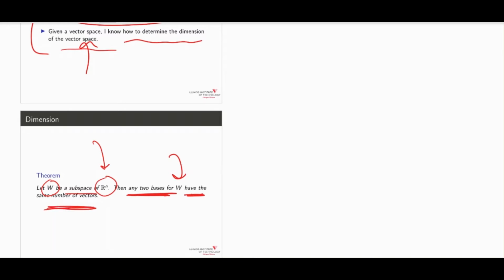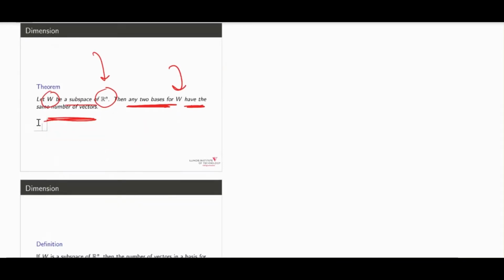So for a subspace of Rn, you can find many bases for W, but the theorem guarantees that the number of vectors in those bases is going to be the same. And that is how we define the dimension for that subspace W.